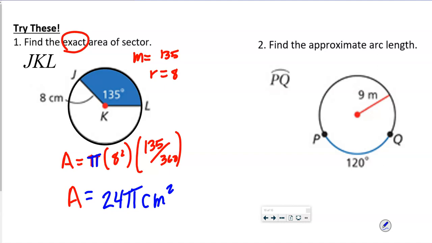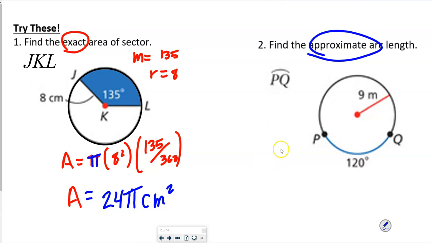The other one says find the approximate arc length, okay? So, and it says approximate. So what does that mean when it says approximate? It means we're going to actually multiply by the pi, okay? So go ahead and do this one. Come back to me when you're done. So here again, we got m equals 120 and r equals 9.